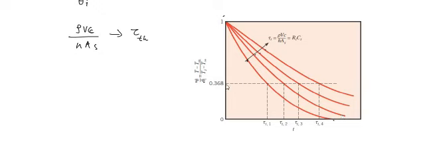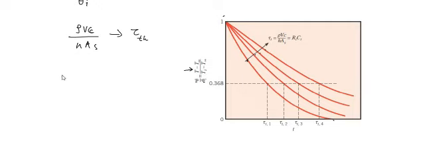Now θ is actually the final value of the temperature difference, and θi is the initial value. When the temperature difference T minus T infinity is 0, finally it is in equilibrium. So we can see that when the value of τt increases, it takes more time to come to equilibrium.